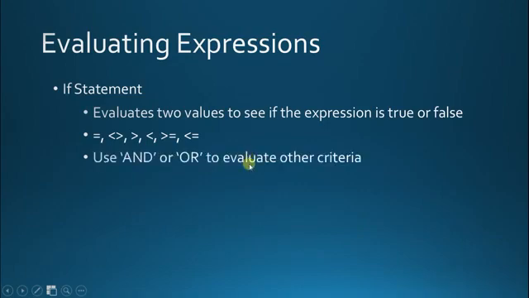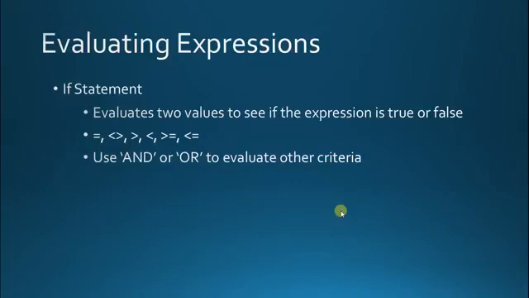You can also use the And and Or in order to evaluate other criteria. So you can do something rather complicated. You can say a range of different numerical values, because we want to say, what if we want to make sure a value is greater than 10, but it's also less than 6.